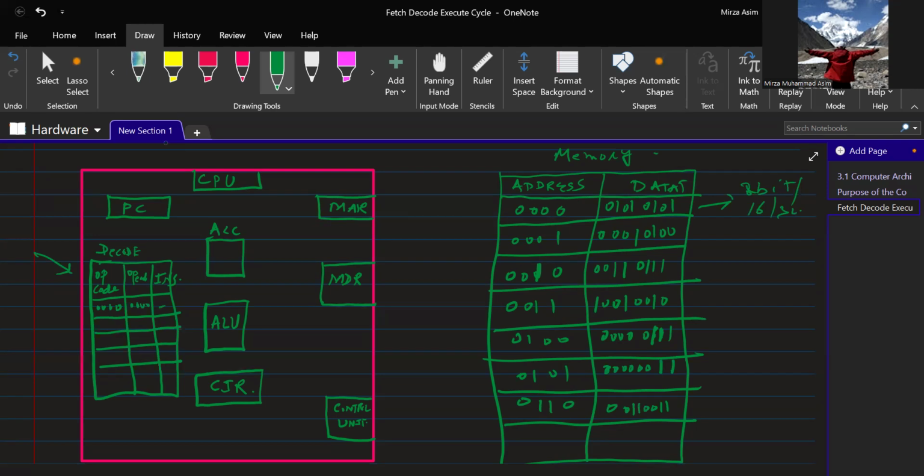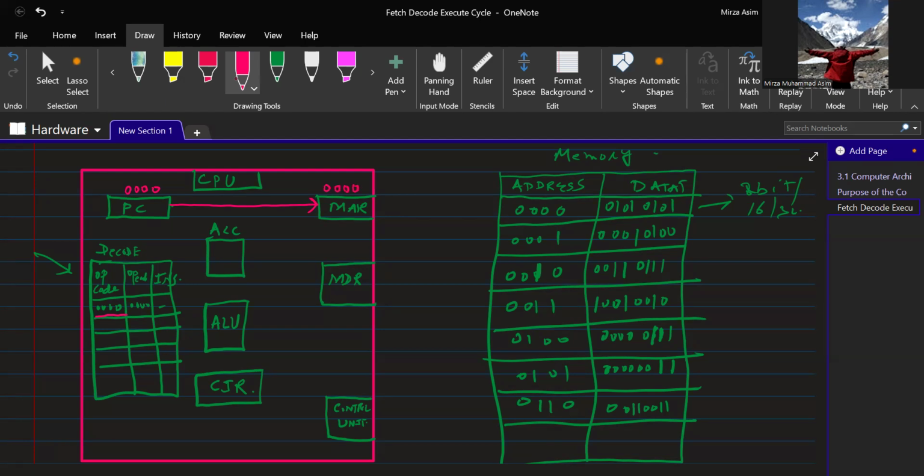The PC, the program counter register, holds the address of the next instruction to be executed. Let's take this example of 0000. The PC has this address 0000, and it sends this address to the MAR.